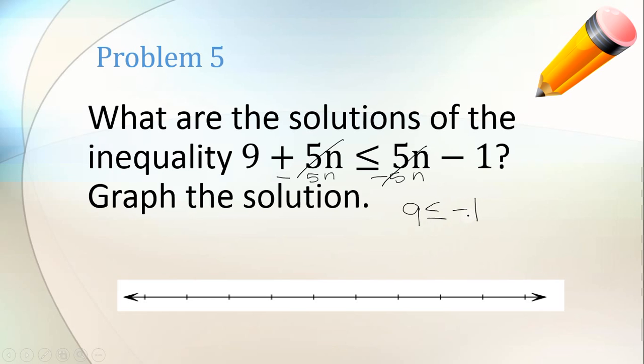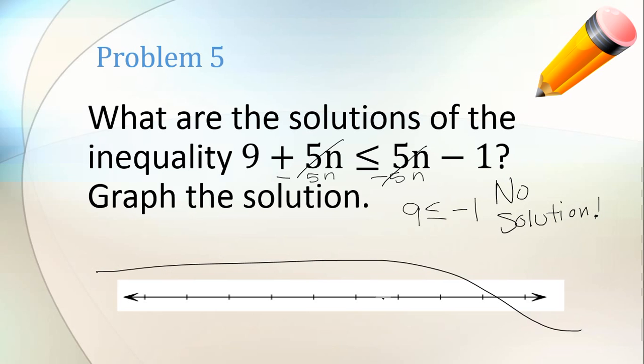Now I'm going to think about that. Is 9 less than or equal to -1? No, it's not. So if it's not true, I always have no solution. And since it's no solution, I cannot graph my line at all. Cannot graph if I get a no solution.